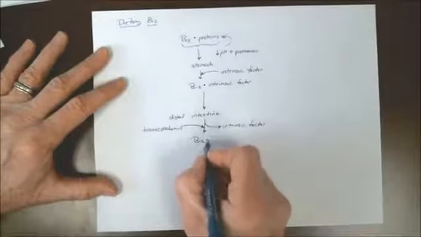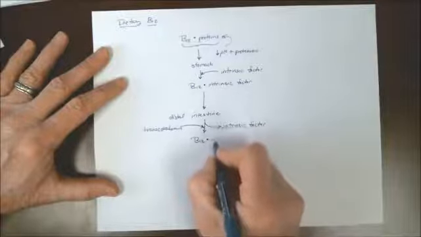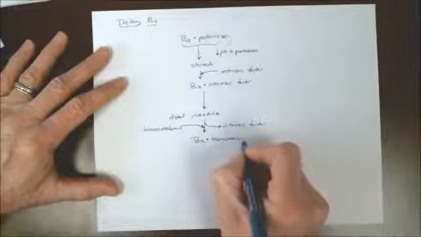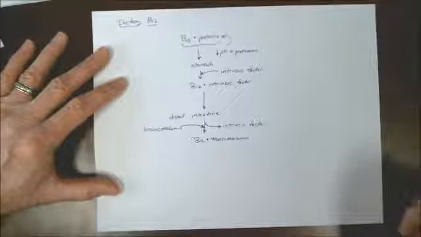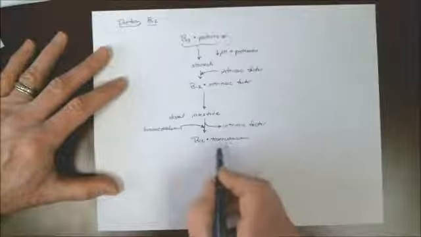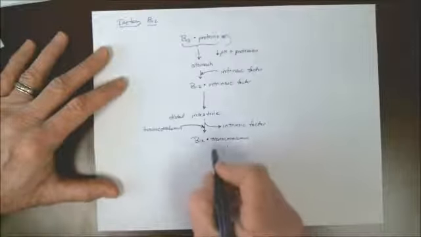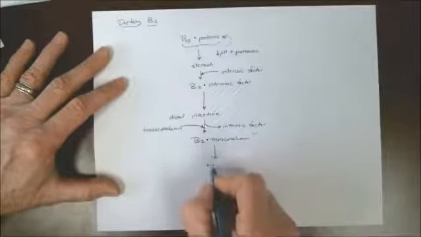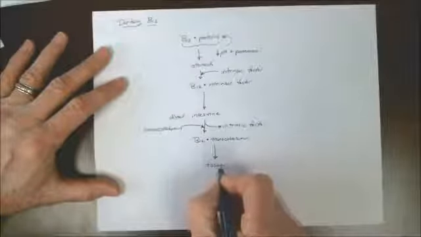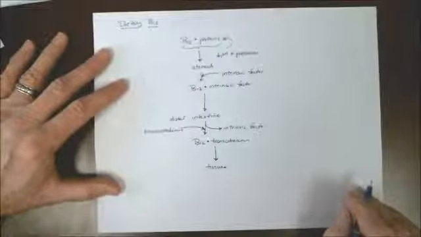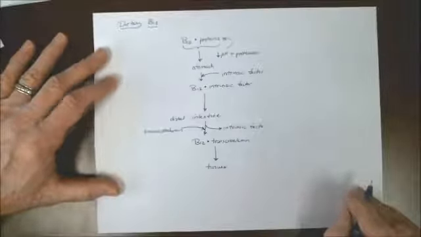And this will form in the blood a vitamin B12 transcobalamin complex. Now the B12 is safe from binding other proteins. It's got its carrier protein, and then this B12 can go to all tissues that require B12 in order to generate the S-adenosylmethionine.